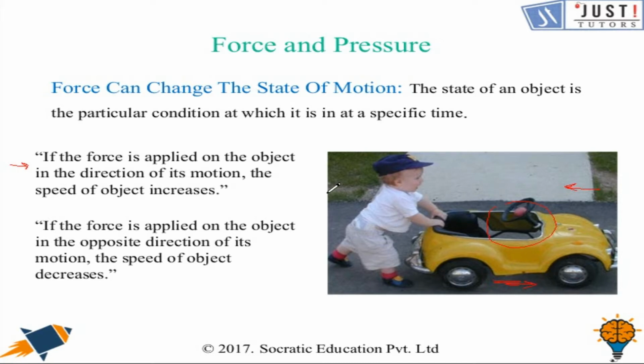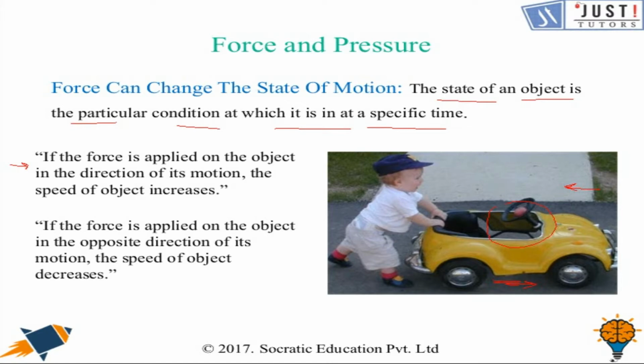So we can say the state of an object is the particular condition it is in at a specific time. From the above discussion, we can notice that in each case the state of an object is changing by applying a different force in different directions.